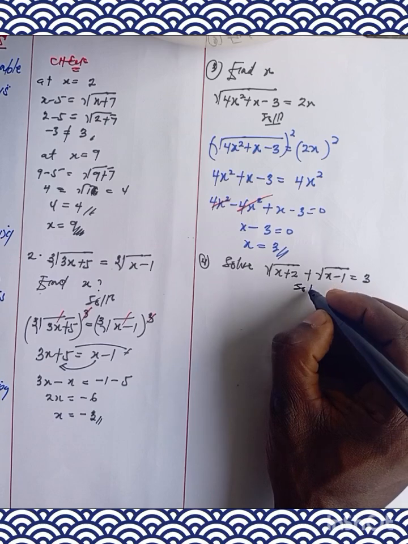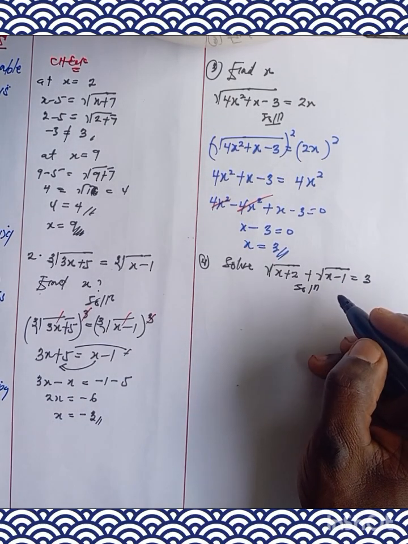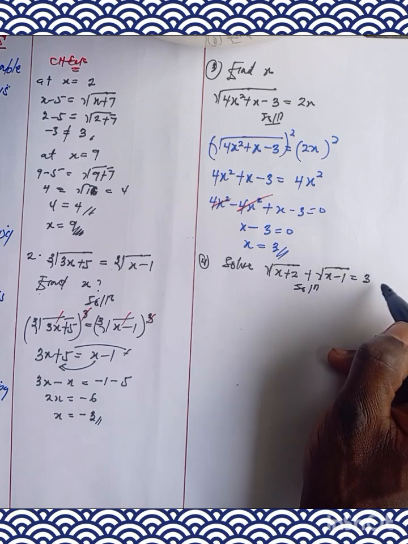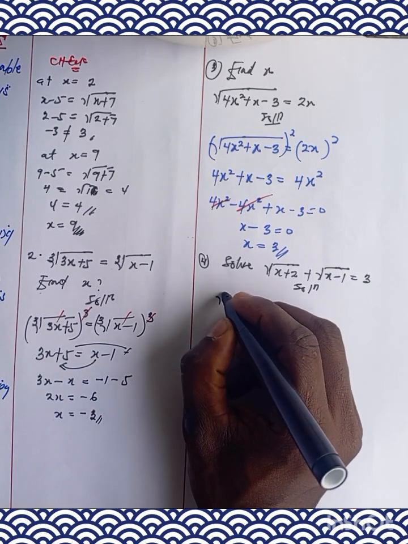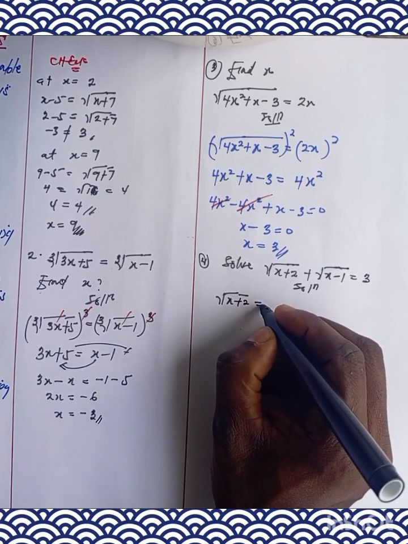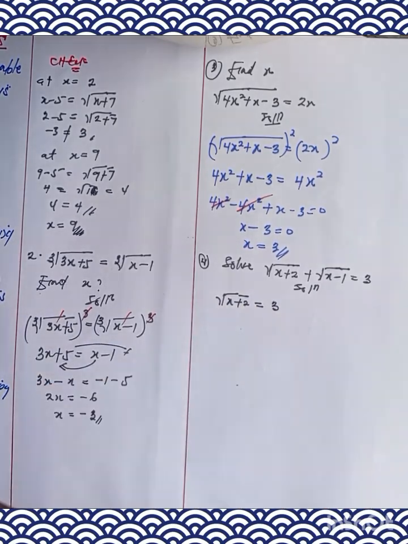So what we are going to do is we first have to transpose one of the radical signs to the other side of the equation. So we are going to get root of x plus 2, which is equal to 3.